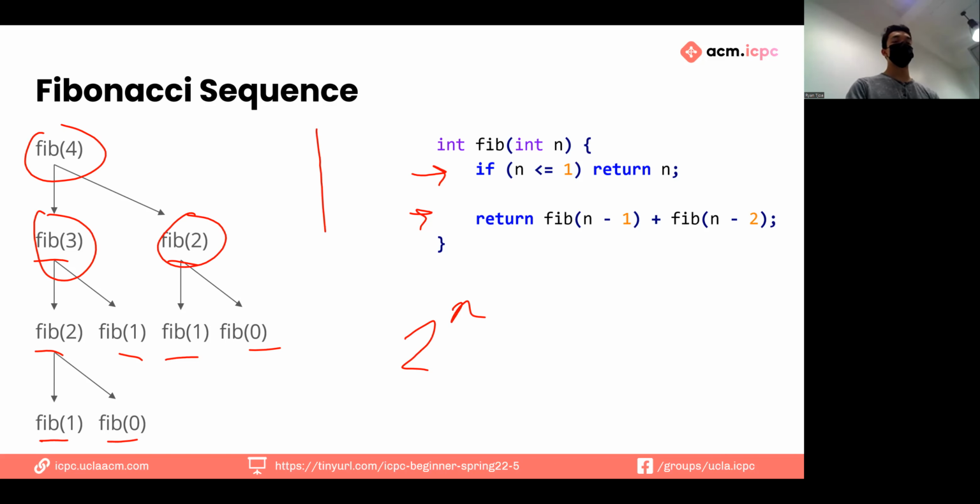And this tree is n nodes high, and it doubles in width at each level. So this level is 1, this level is 2, this level is 4, and then this level isn't actually 8, but we'll just simplify it and say it's within 8. So then there are a total of about 2 to the n units of computation that we have to do.